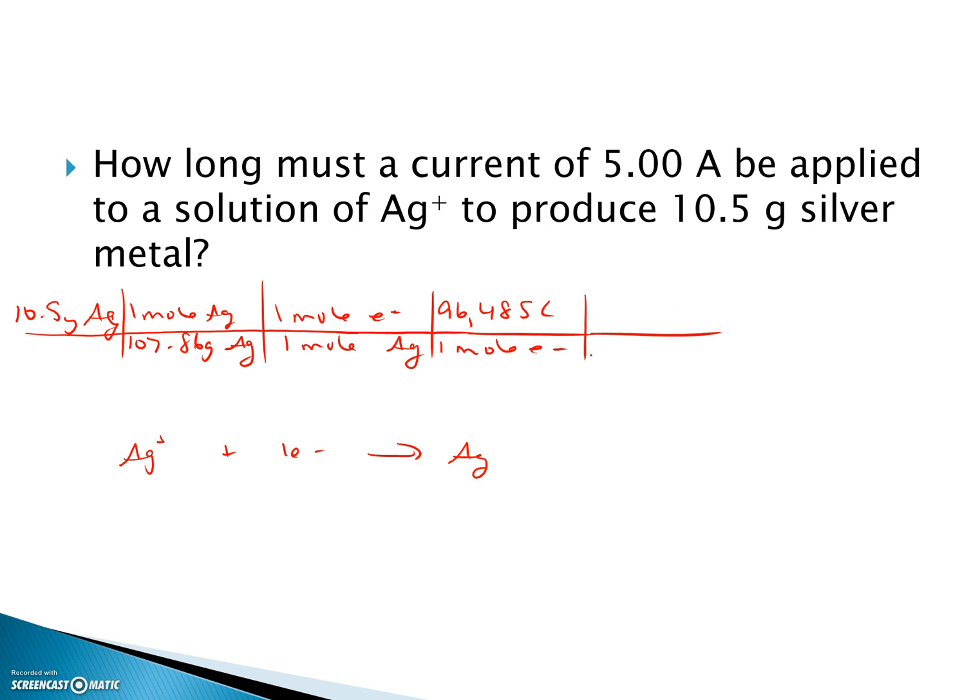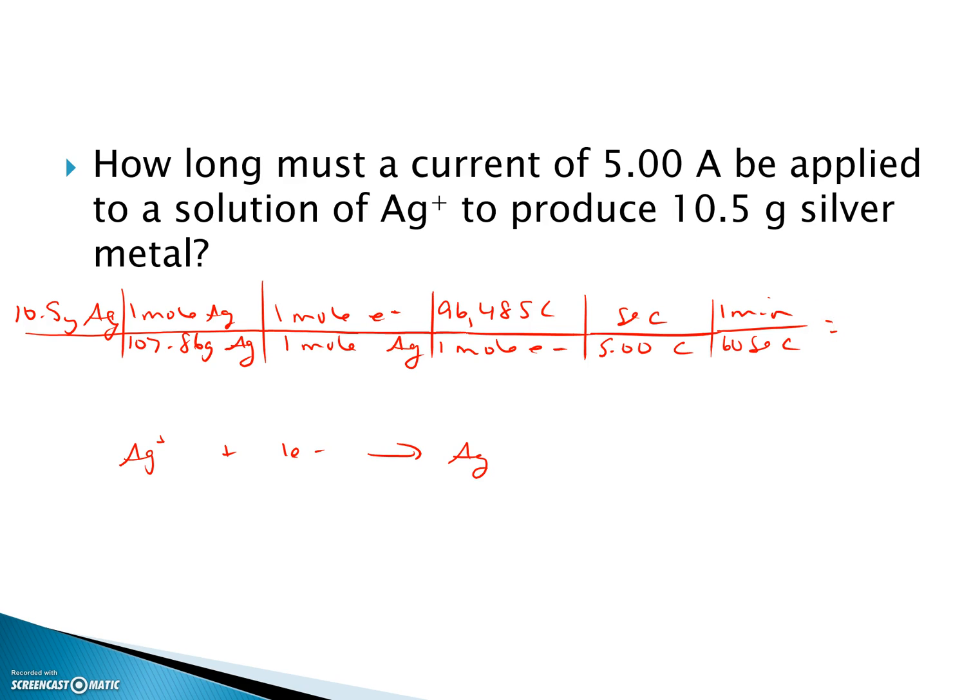We can next look at our amps, and we know that 5.00 coulombs is going to flow per second, since we've got a 5.00 amp current. And then because we're going to be working with big numbers, let's get that to minutes. So we've got 60 seconds in 1 minute.